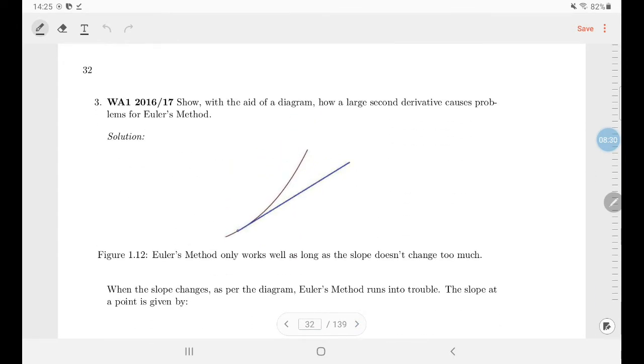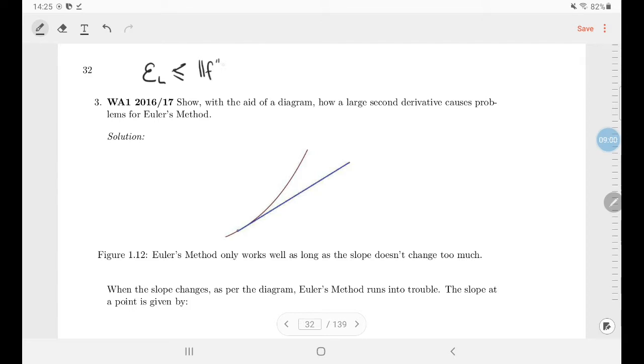Okay, what have we got? This is the important bit. Show with the aid of a diagram how a large second derivative. Now, there's something we showed last week, that the local error when you use Euler's method, so that's how much extra error you get over one step, is less than or equal to the maximum second derivative.